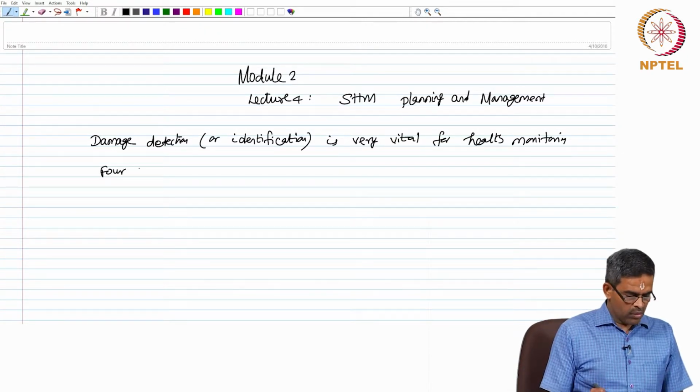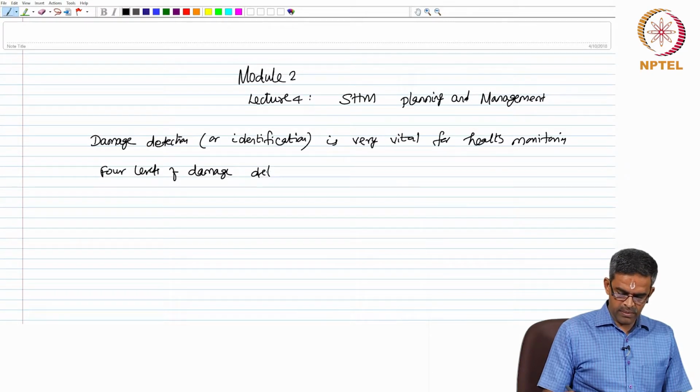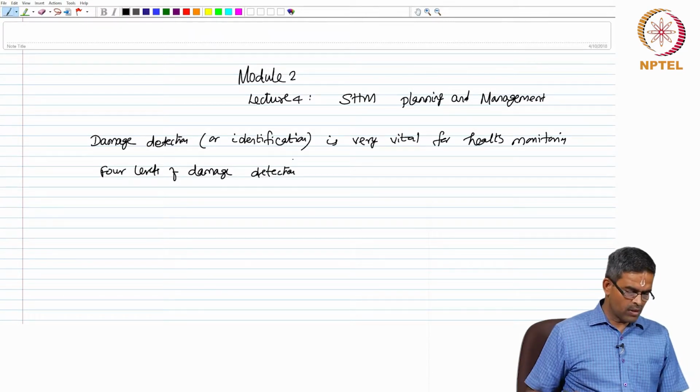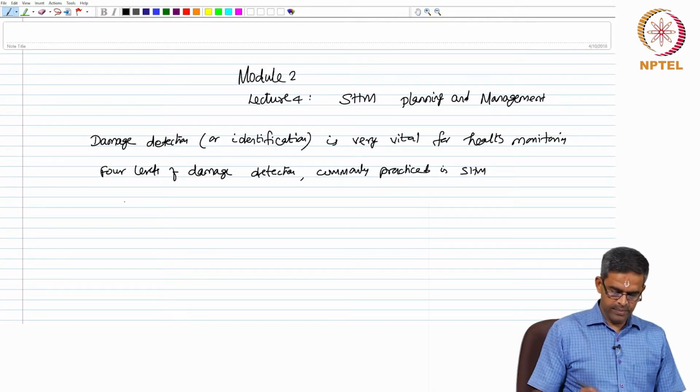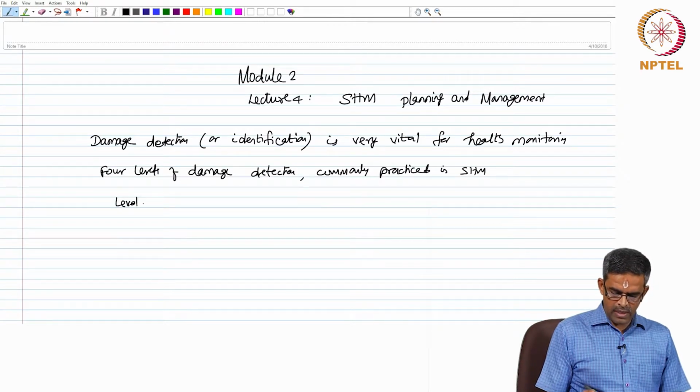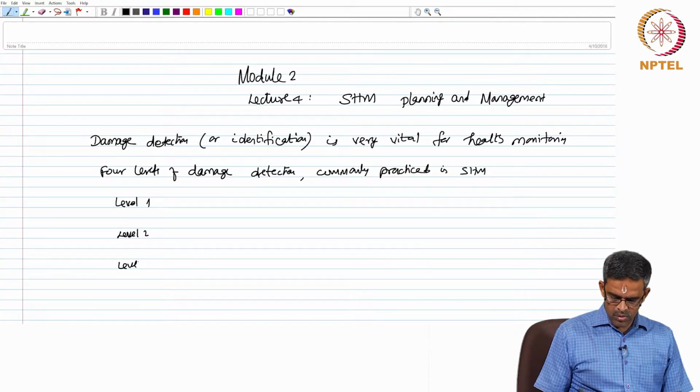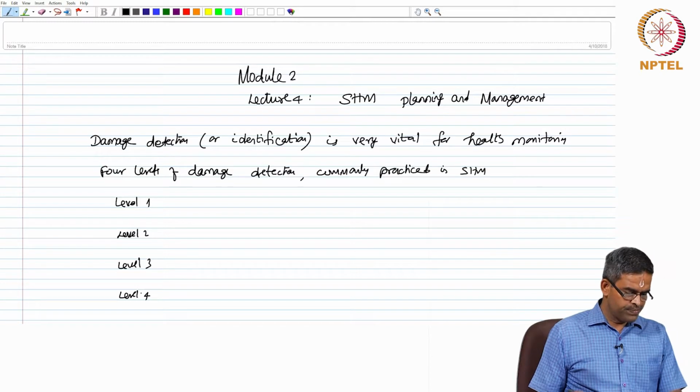There are 4 levels of damage detection, which are commonly practiced in health monitoring, designated as level 1, level 2, level 3 and level 4.